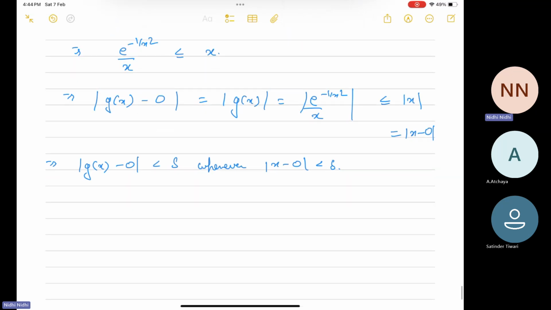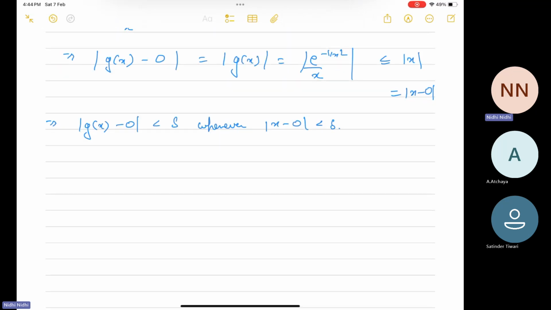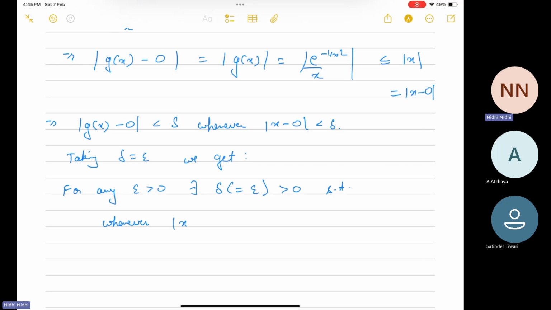That means taking delta equal to epsilon, for any epsilon positive there exists delta, which is equal to epsilon, such that whenever mod x minus 0 is less than delta, this implies mod g(x) minus 0 is less than delta, which is equal to epsilon.